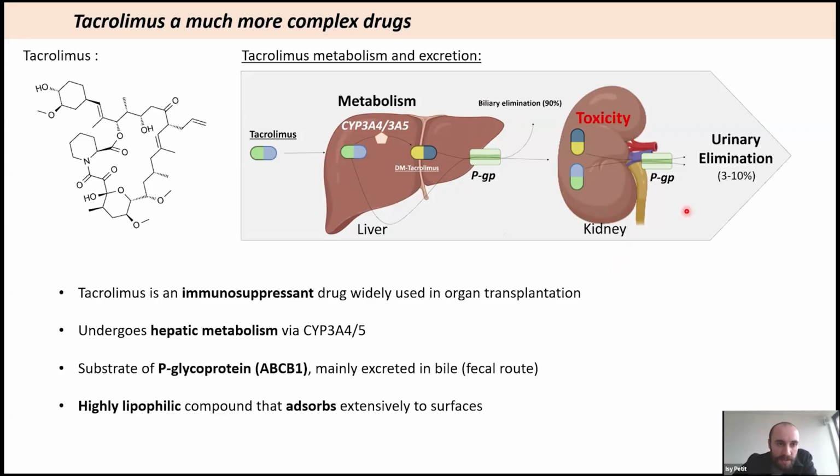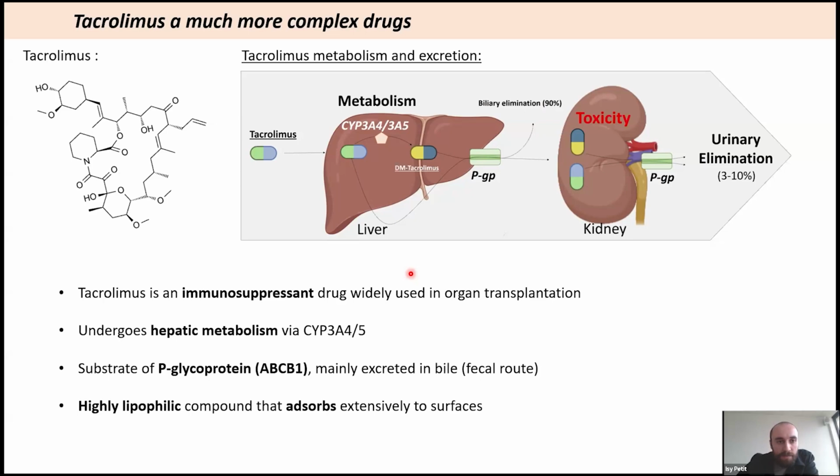But the real problem is that it's highly lipophilic. It's a highly lipophilic compound that gets adsorbed to every surface. With our previous setup, more than 70 to 80% of the dose just vanished.